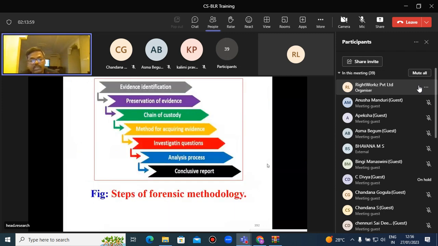Evidence identification, first step, preservation of evidence, chain of custody, method for acquiring evidence, investigate questions, analysis process, conclusion. So this is about the steps of forensic methodology.